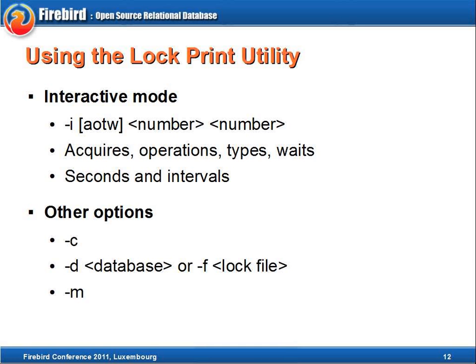There is also a C switch, which stands for consistency. The only change this switch makes is that it locks the shared table, the log table mutex, before reading the log table. Without that switch, the utility works in the dirty read mode. With this switch, it gets a consistent result.